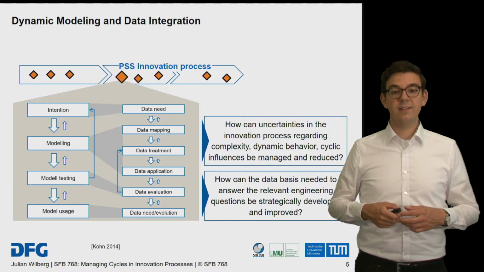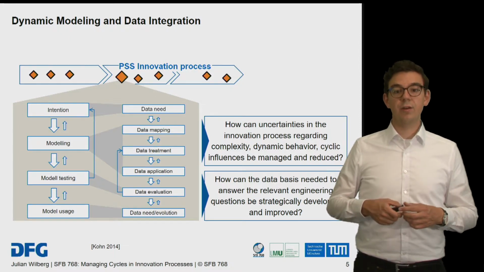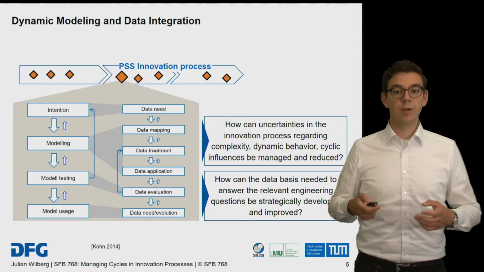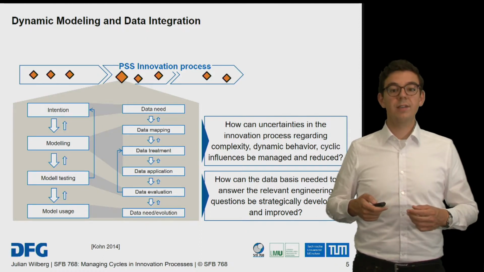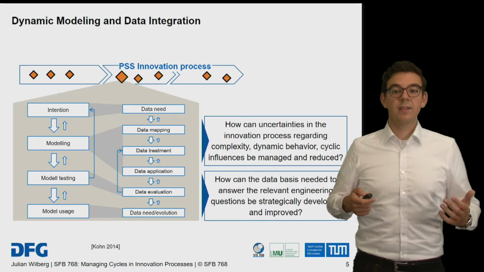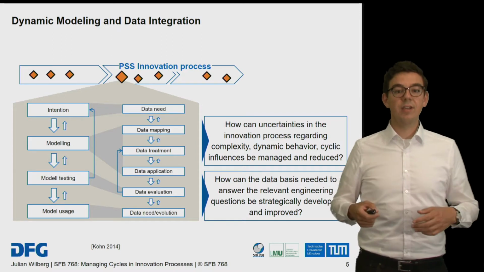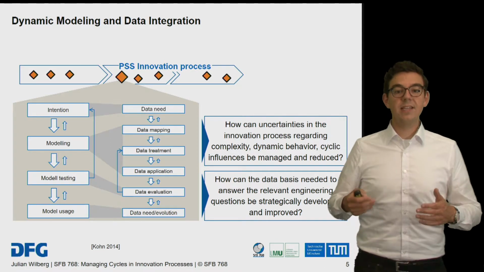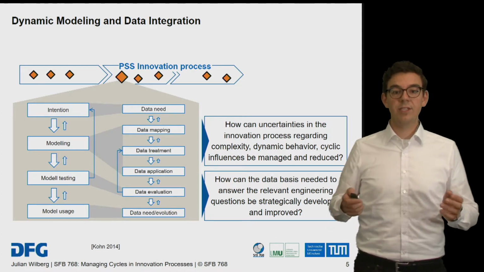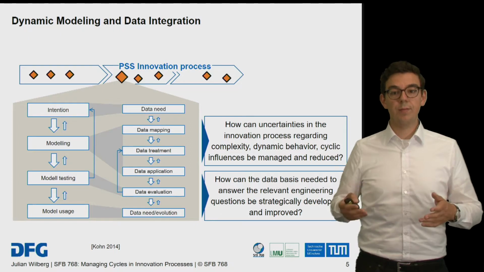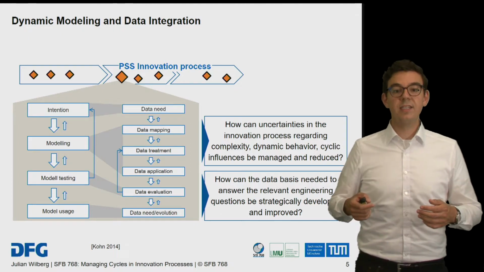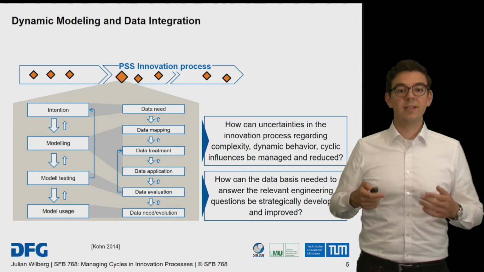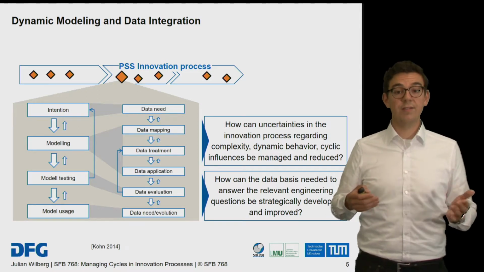It is first necessary to derive and document the need for data gathering, the problem situation. Afterwards, data needs to be mapped. This step needs to be executed every time the available database changes. The data needs to be treated according to a specific problem. For example, it needs to be cleaned of outliers or formatted. The data is applied in the context of model creation.